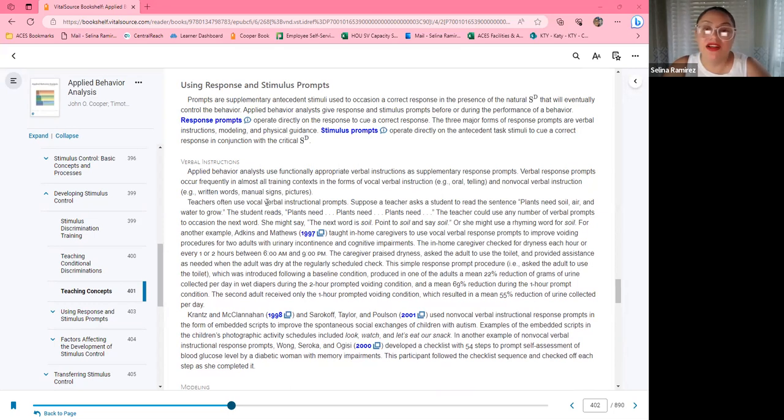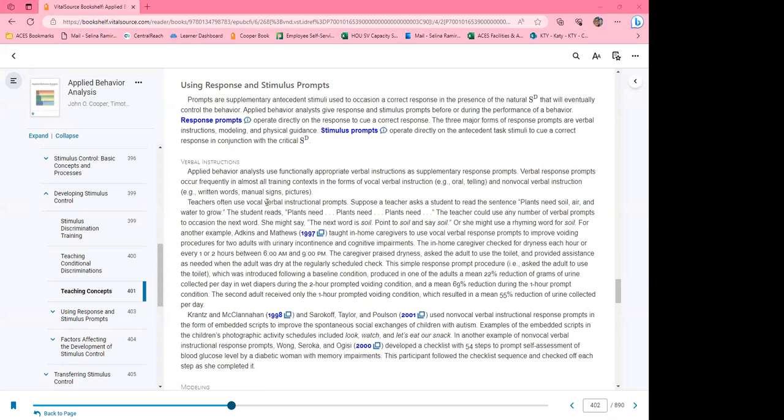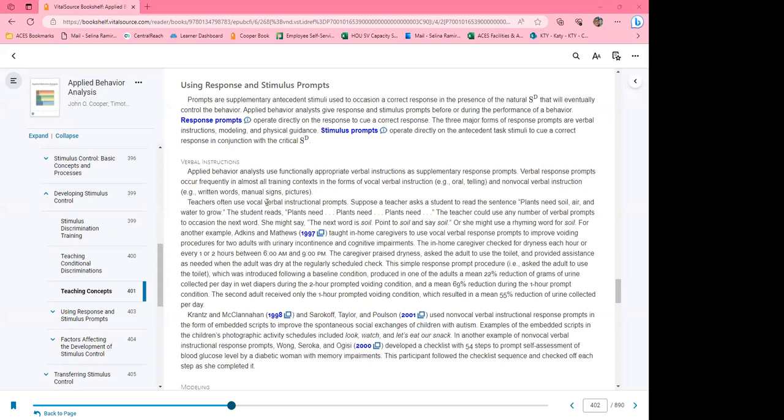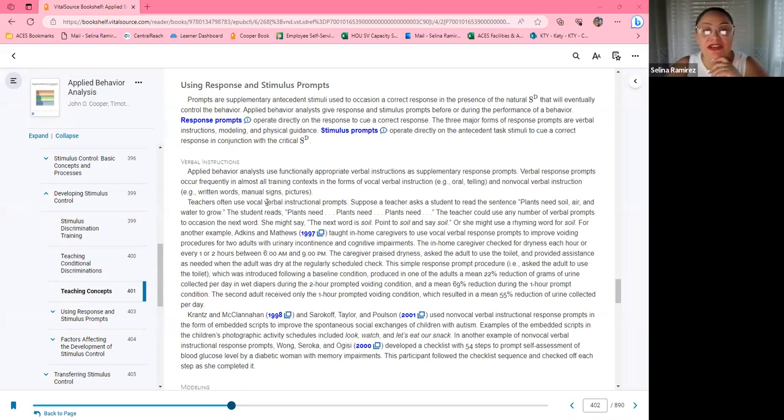So indirect verbal prompts are where you're not giving them the answer, but you're giving them some type of hint or clue that will get them to the answer. I'm trying to think of an example. It would be like, what comes next? Or what is missing? Something like that. So I'm not necessarily giving them the answer, but I'm using those indirect verbals to get them there.